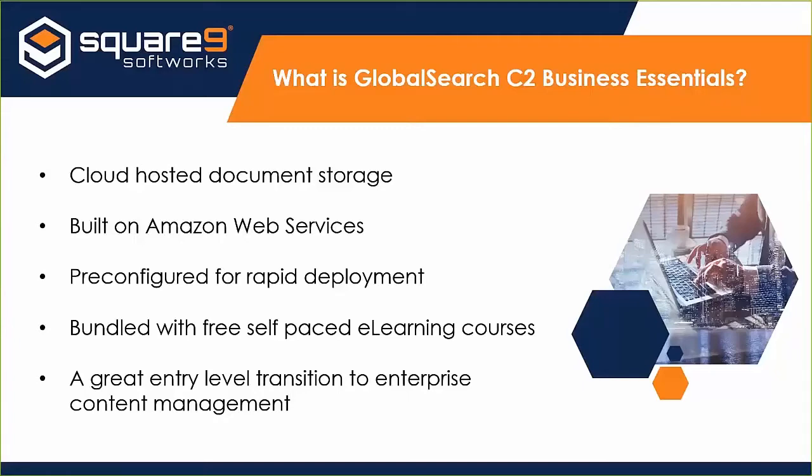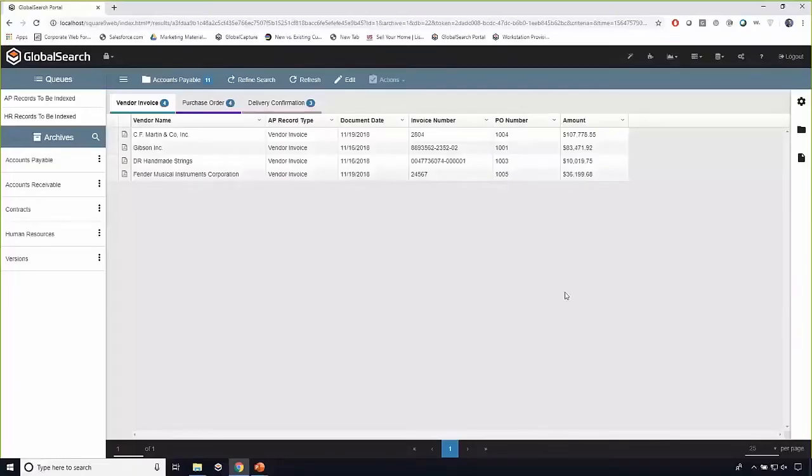So let's get in and take a look at the Global Search C2 solution. This is the main user interface into Global Search. Again, Global Search is a central storage repository for your important business documents where you can manage them, store them, and secure them. Business Essentials is a database that, as I said before, comes pre-configured for 4 key practice areas: accounts payable, accounts receivable, contracts, and human resources.